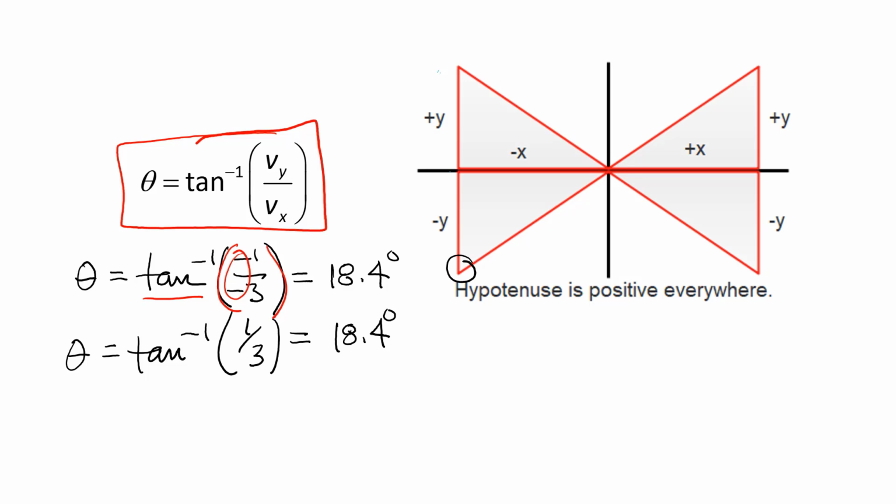The same sort of issue happens in this quadrant and in this quadrant, because these are both negative quadrants for tangent, and inverse tan operates the same way. It's going to return a negative angle, but it doesn't know whether you're in the fourth quadrant or the second quadrant, because it doesn't know which was negative and which was positive, the numerator and denominator. Okay?